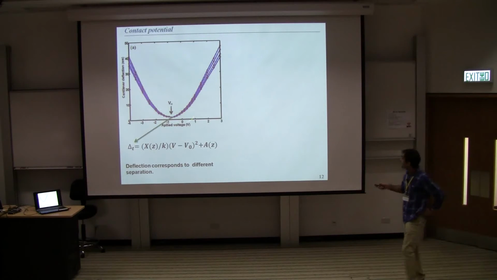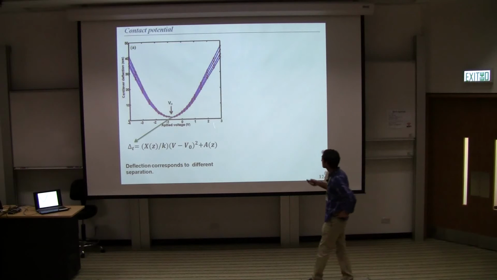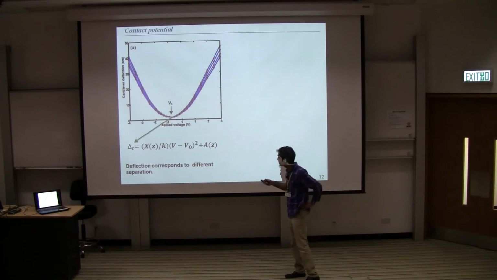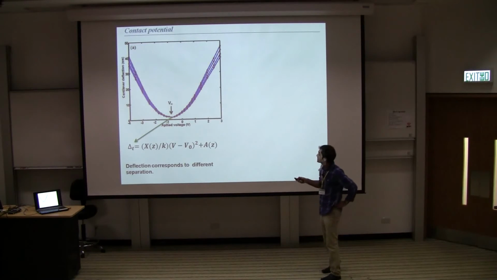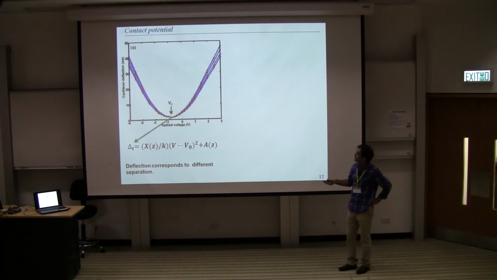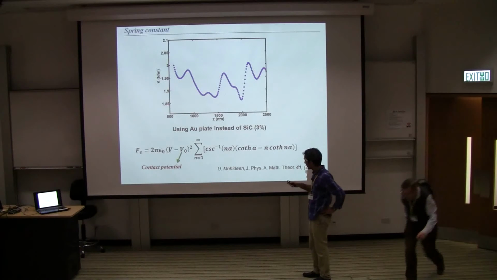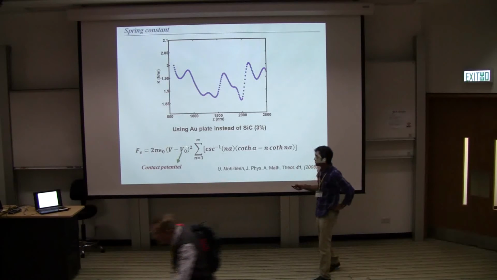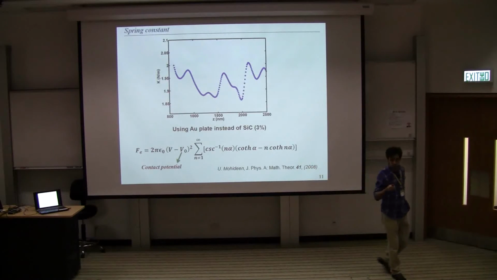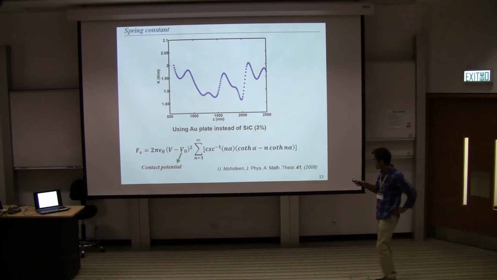Here I plotted for different sphere-plate separations, and we see the minimum deflection. From the previous equation, we expect that when the potential is equal to the contact potential, we should have the minimum force.